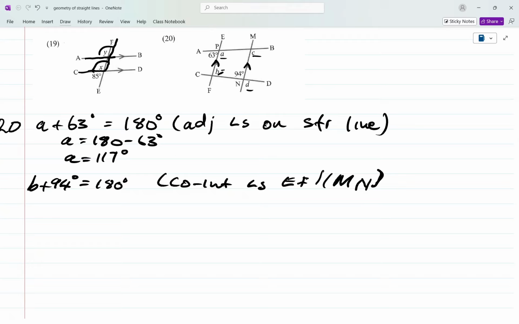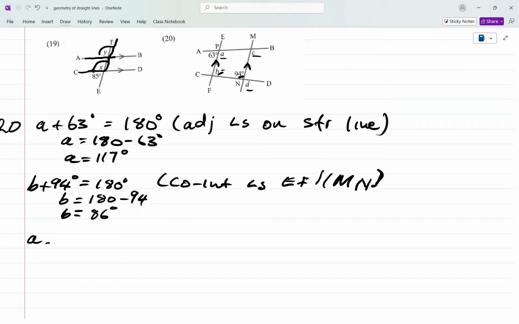Therefore, this angle B plus the angle of 94 must give us 180 if they are added together. Therefore, B will be 180 minus 94. On your calculator, you're getting B as 86 degrees.